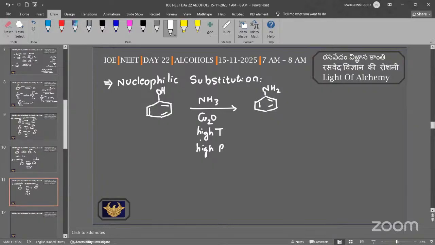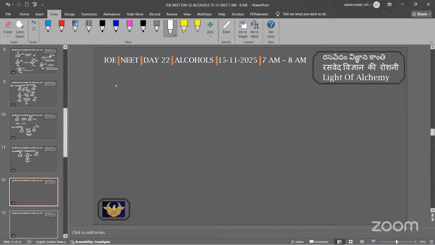Now, let us discuss electrophilic aromatic substitution reactions. These reactions also you have studied under benzene, right? See, is the OH group an electron releasing group or an electron withdrawing group? Oxygen electronegativity is more.